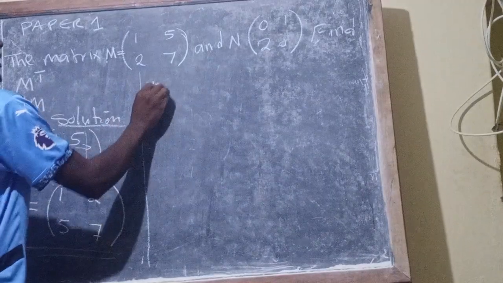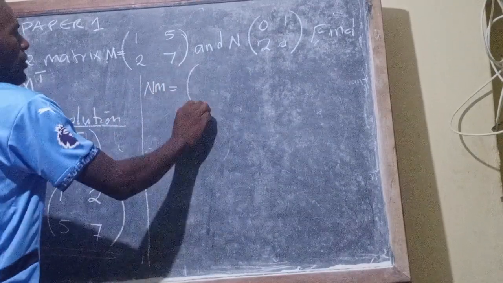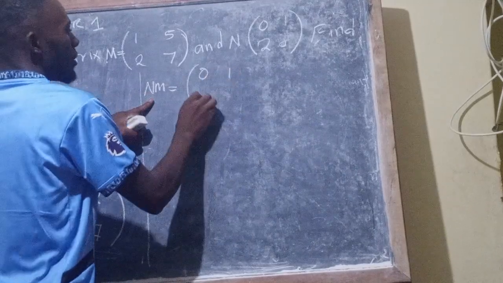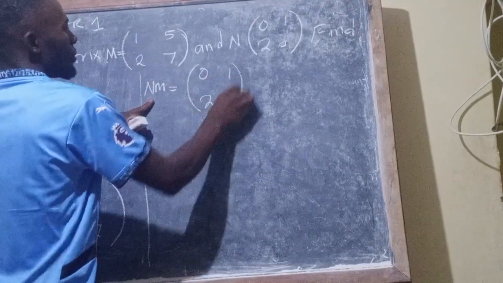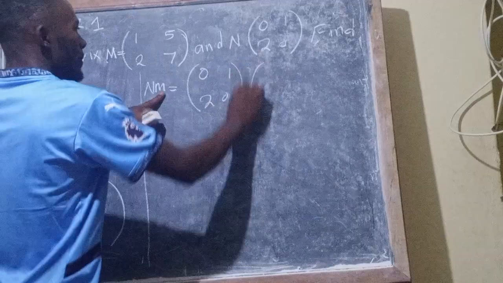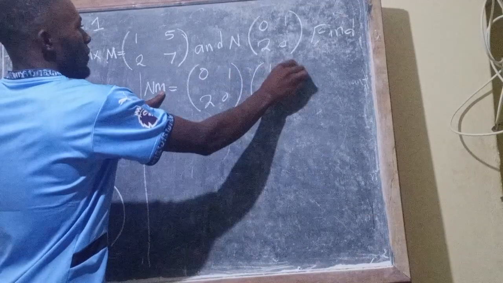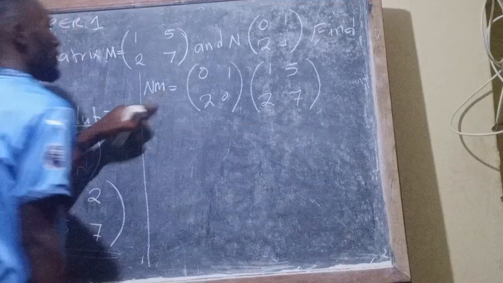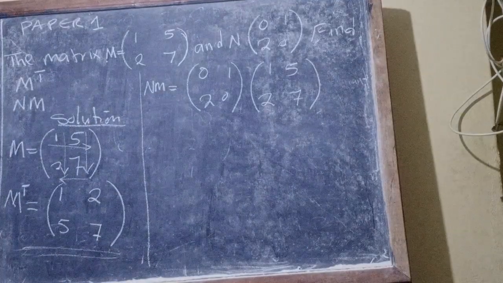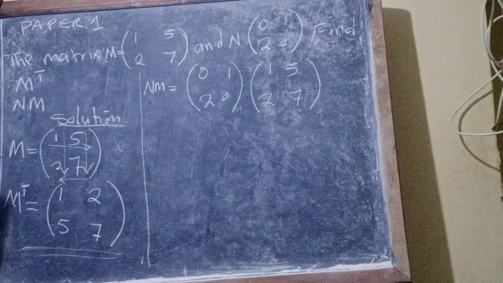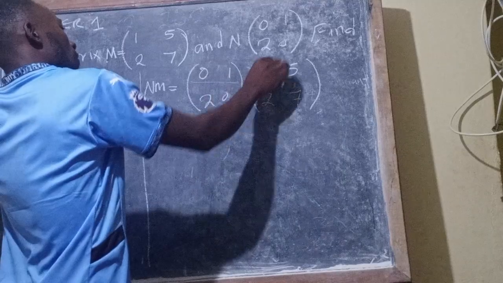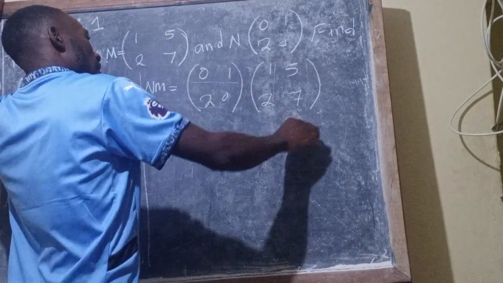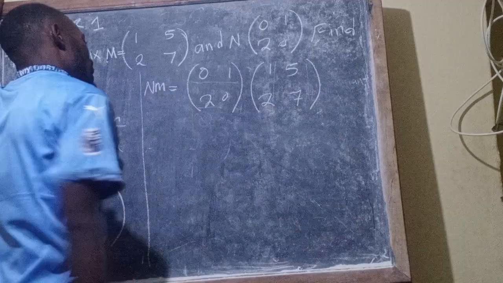So NM is equal to the one which is starting, N, which is 0, 1, 2, 0, followed by M, which is 1, 5, 2, 7. Here multiplication goes row by column. So this row should multiply the column, this row should multiply a column, and this row should multiply a column.